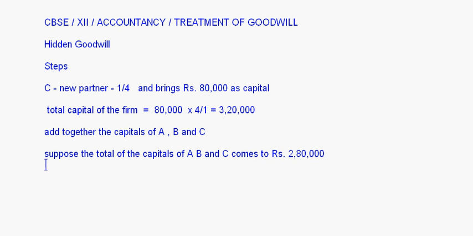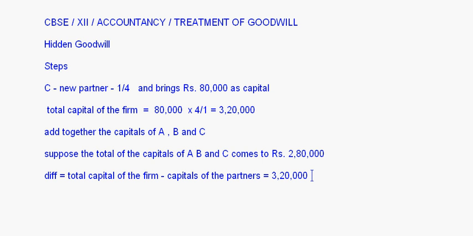Now what is the difference? The difference between the total capital of the firm and the capitals of the partners comes to 3,20,000 minus 2,80,000, which is 40,000.